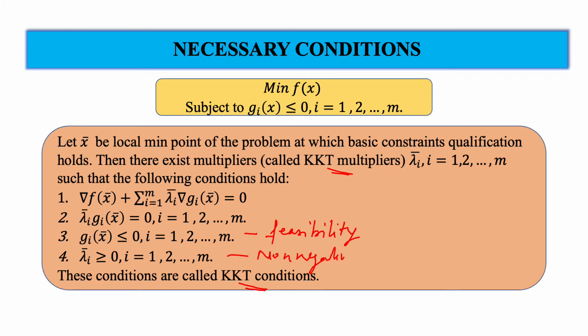So all these conditions are called Karush-Kuhn-Tucker conditions or KKT conditions, where lambda_i bar are called KKT multipliers. In the Lagrange multiplier method we have an equality constraint.